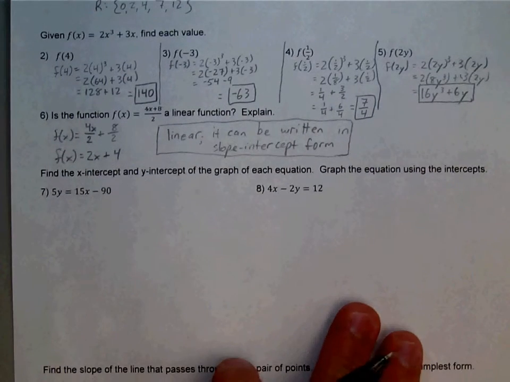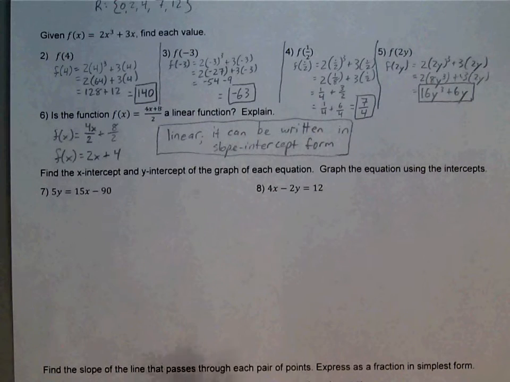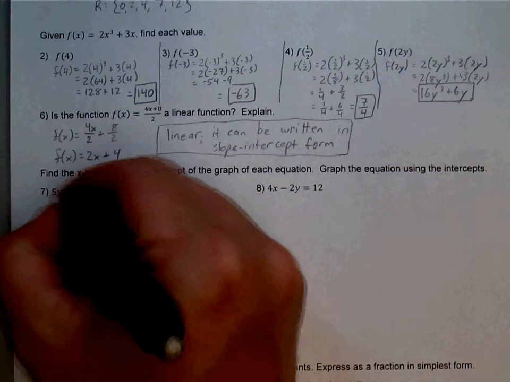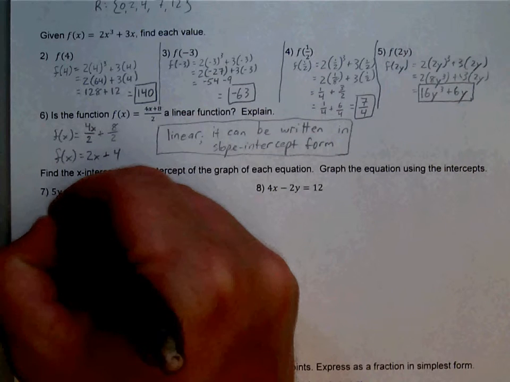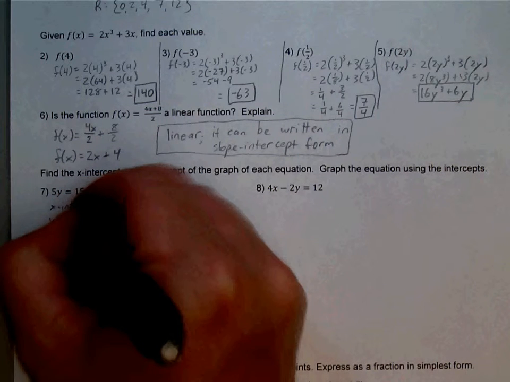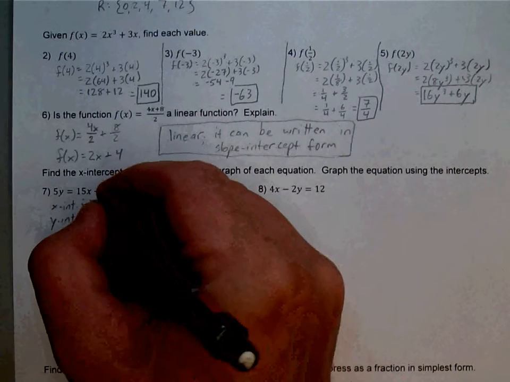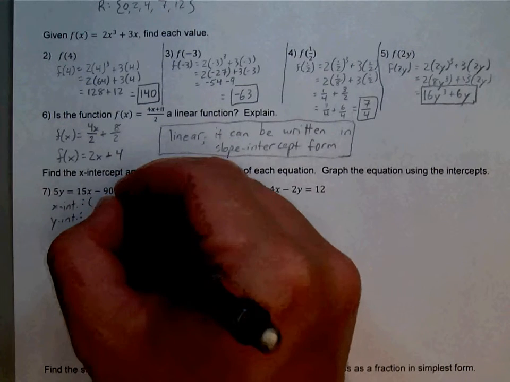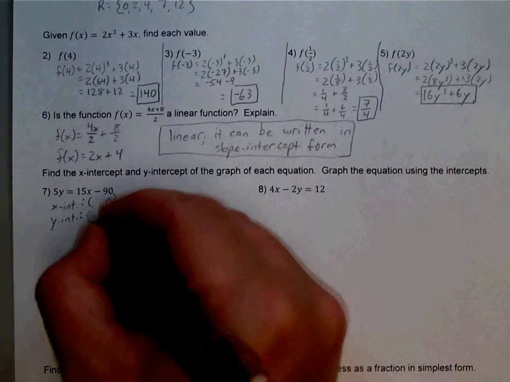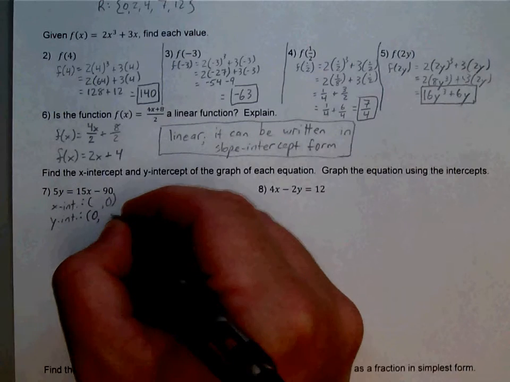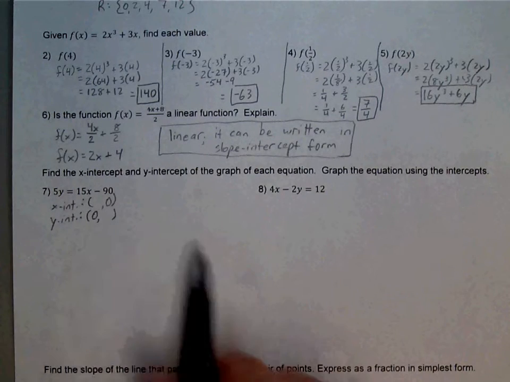Then number 7, find the x and y intercept, and then graph. So we want to remember that x-intercept, it's an ordered pair where the y value is 0, and the y-intercept is an ordered pair where the x value is 0. So you're going to plug those in and evaluate.